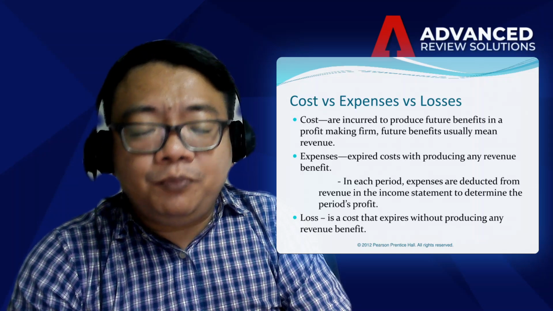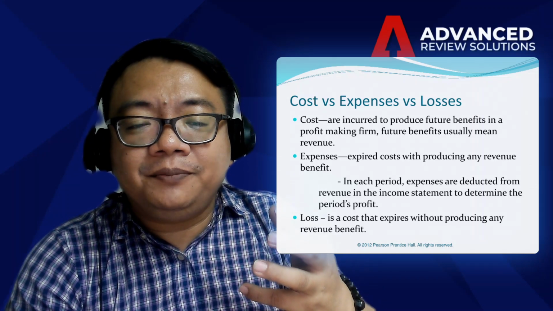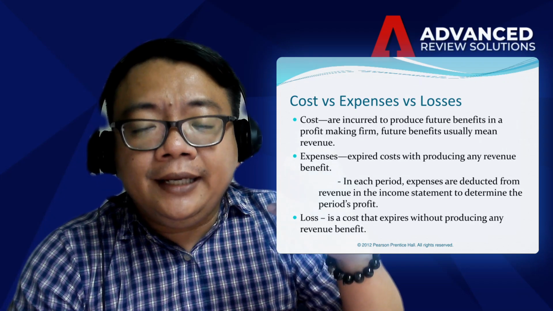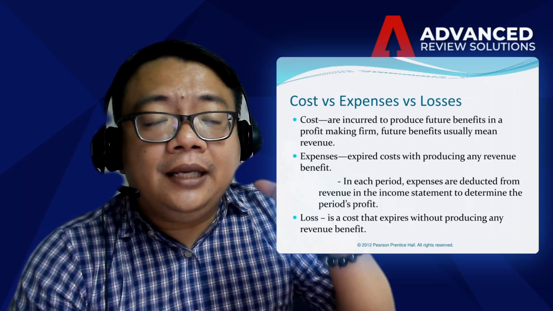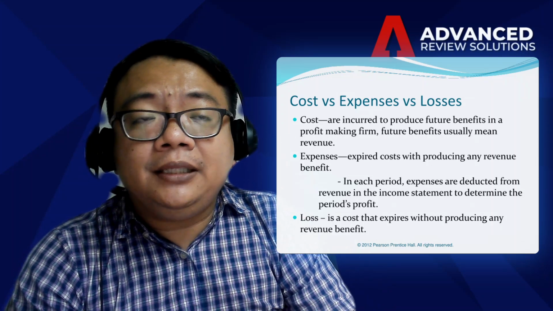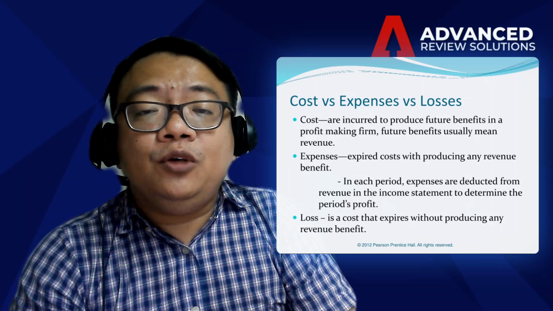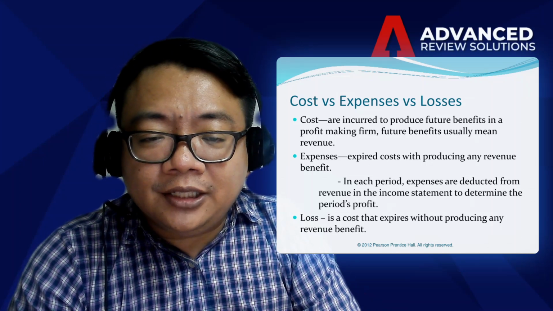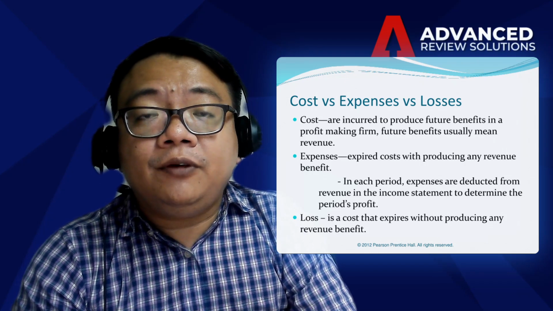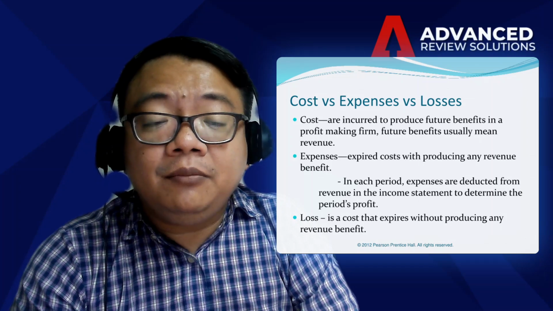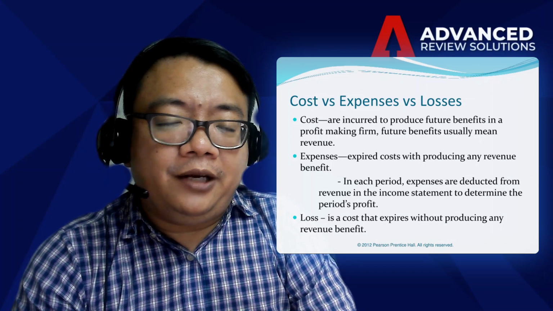Ibig sabihin, class, yung expense mo ay expired cost, pero it will produce a revenue. If you have your property, plant, and equipment, ginagamit mo yung property, plant, and equipment in your business, that's why you have your depreciation expense. Okay? So in each period, expenses are deducted from the revenue in the income statement to determine the period's profit.